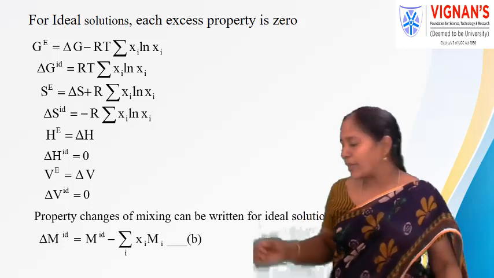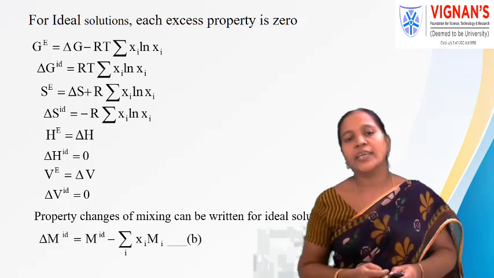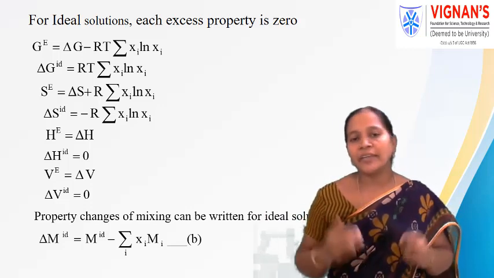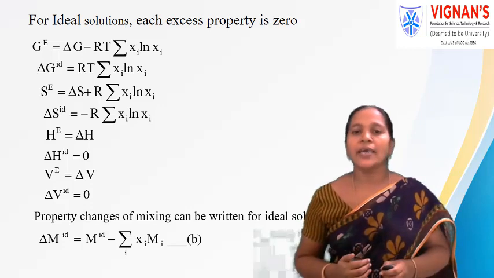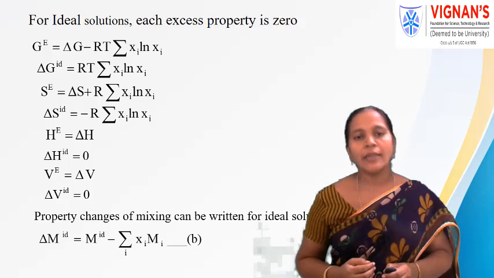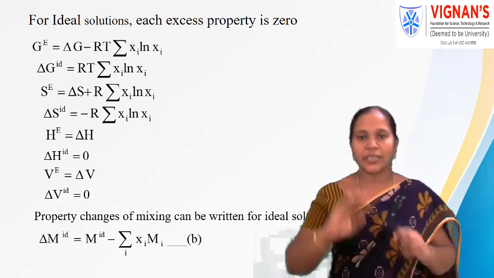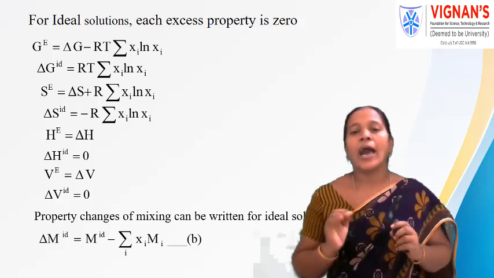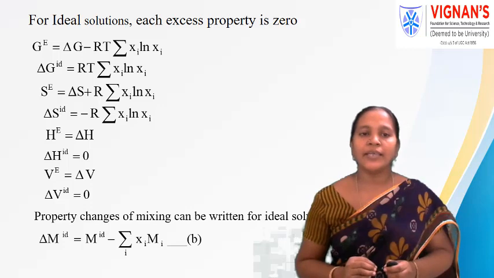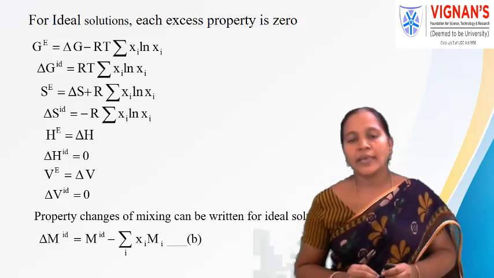The property change of mixing for an ideal solution can be written as delta M ID is equal to M ID minus sigma xi Mi, which is indicated as equation B. Property change of mixing definition for an ideal solution is delta M ID is equal to M ID minus sigma xi Mi.